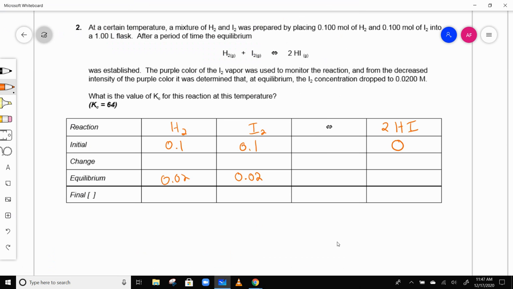So basically, we need to know what the change was. So we need to calculate the change. Well, 0.1 minus 0.02, we know that it went down, so minus 0.08. It went down 0.08.